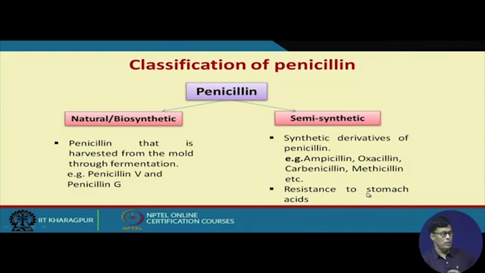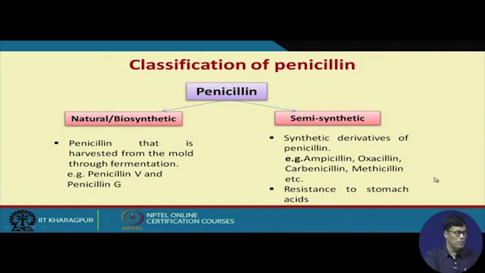We can take them in the form of a capsule, because then they would be quite stable. So that is not purely natural, but semi-synthetic. Semi-synthetic means it is derived from penicillin, mostly from penicillin G.